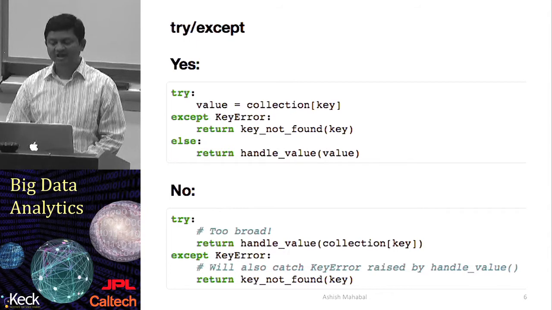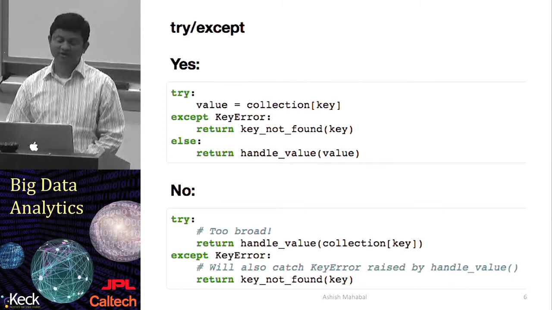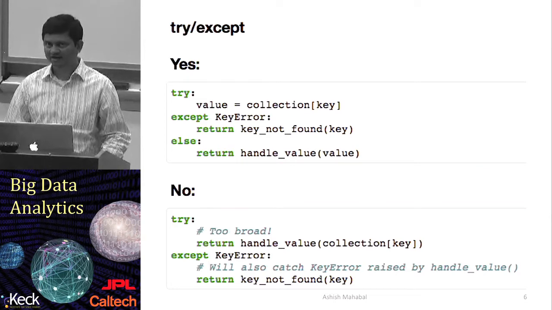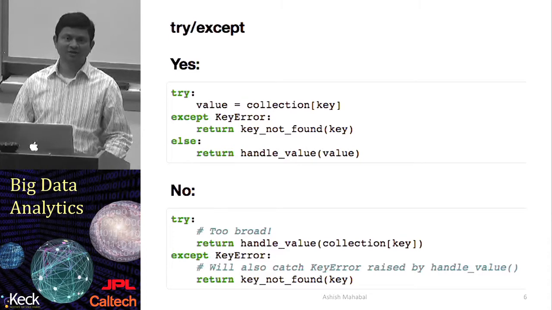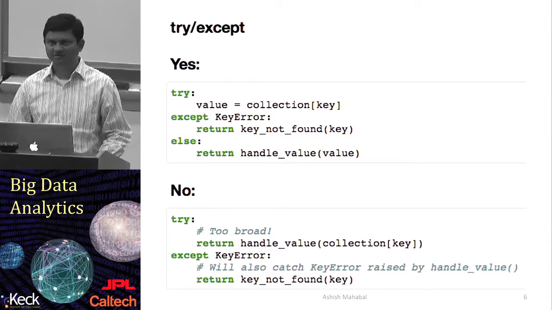And then we say that if it doesn't find that, then it should return a function called key not found with that key as an argument. And if it is successful in getting the value, it should simply handle that value using another function called handle value. So this will go through quite fine. If it doesn't find the key, it will tell you that the key was not found. If it was found, then it will do an appropriate thing with the value.